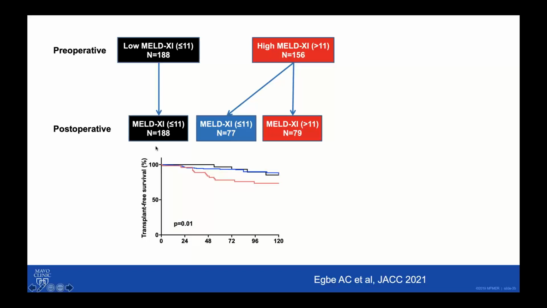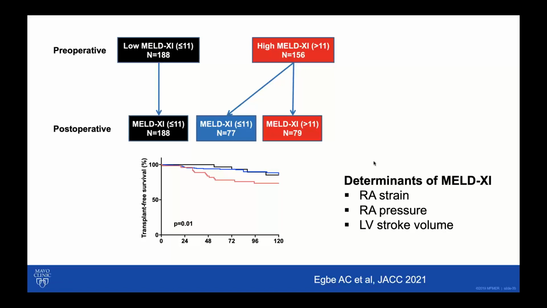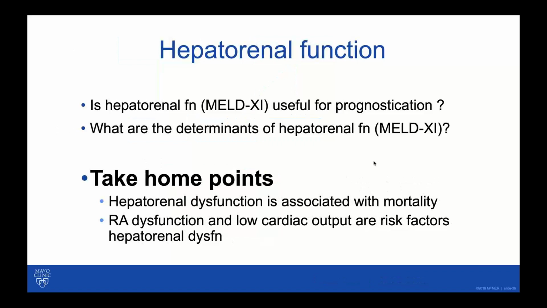And again, there was a difference in outcome, worse in the red group and best in those people that had a normal MELD score. And again, we identified the same determinants of MELD XI score in this group, which increases our confidence in these indices.